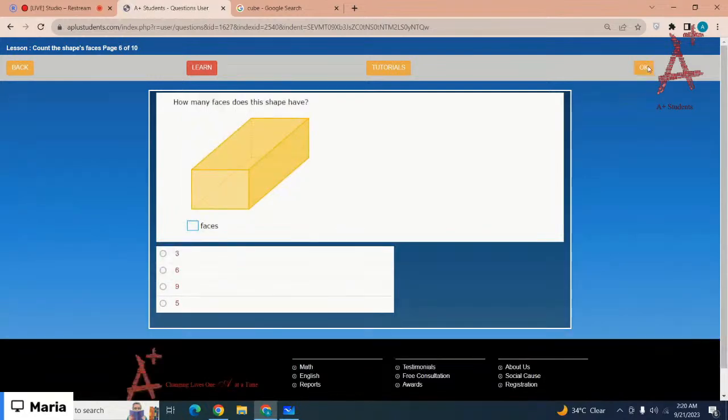How many faces does this shape have? Yes, the correct option is the shape has six faces. The correct option is six, right?